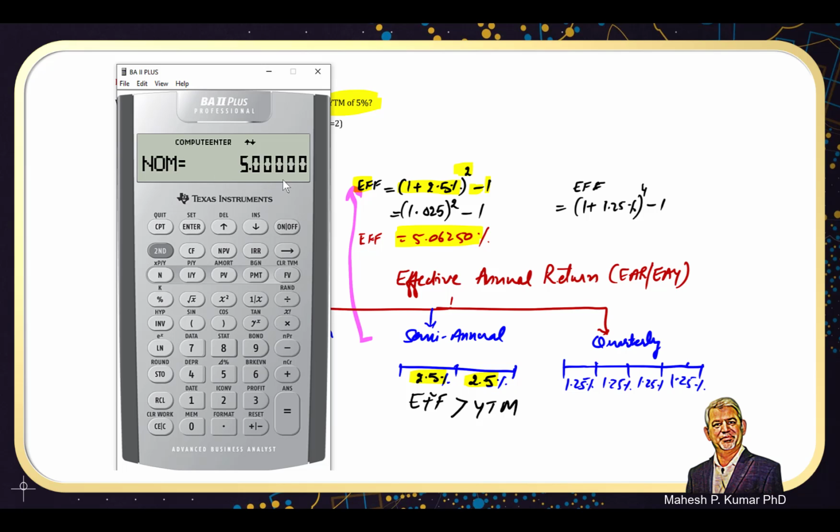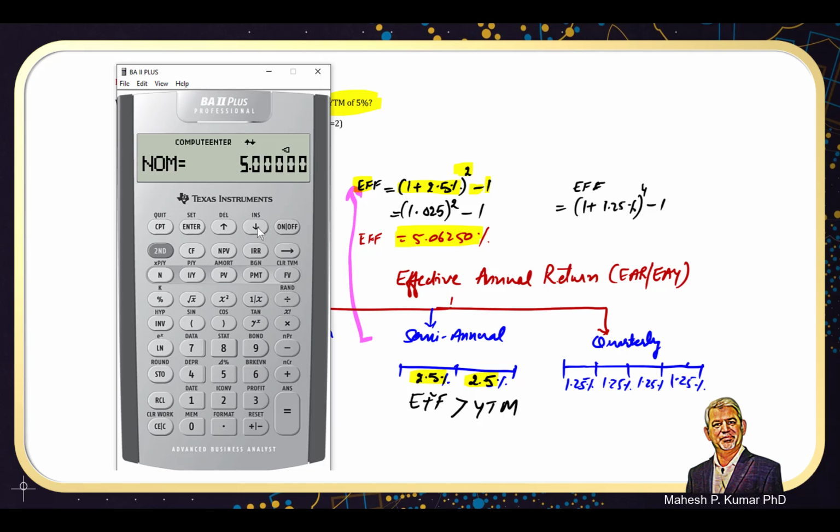If you have to clear that, we will do second and clear work, and then second and quit. This will clear any numbers sitting in the memory of the calculator from the previous calculation. Once they are gone, let us go to the iConvert function again. So the nominal rate, this 5%, is the nominal rate. So 5, enter.